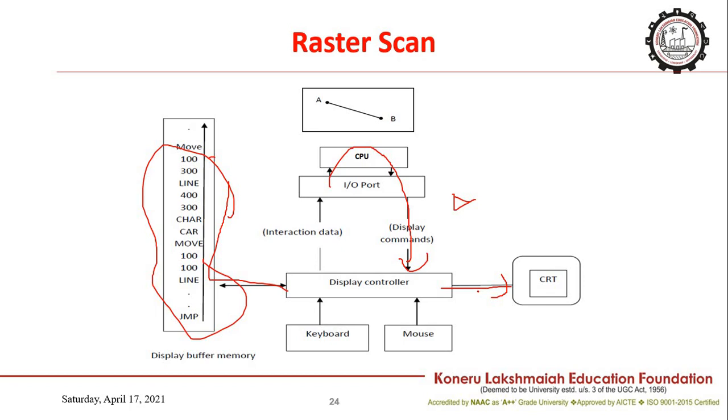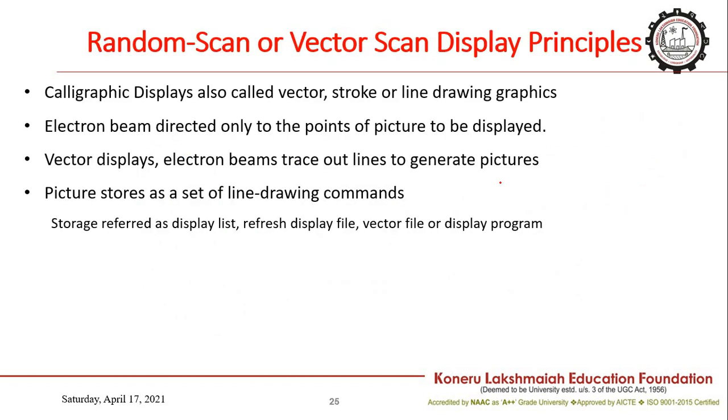After completing the raster scan, that is, reading these lines from the CPU, it will place the dots, and then send it as electrons to this cathode ray tube, and it will hit back at the end, and the picture will be presented to us.